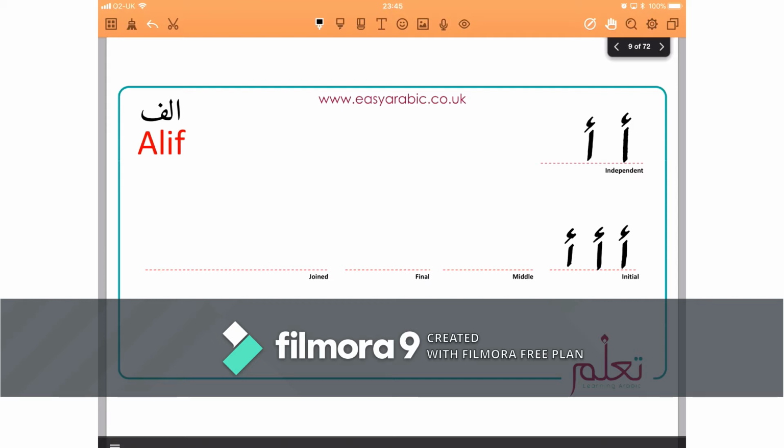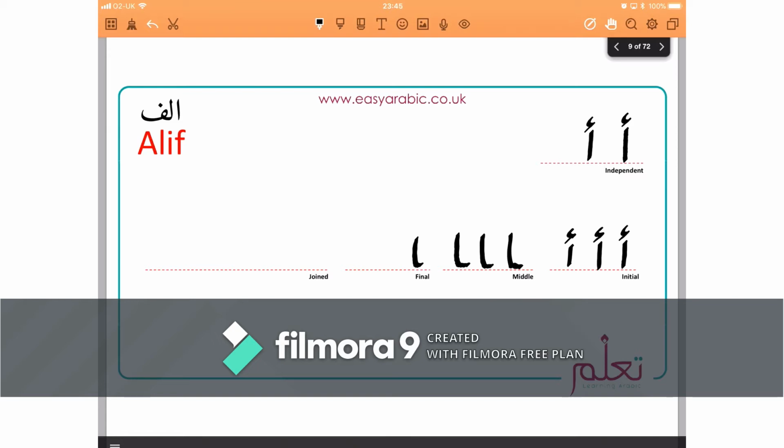When we do it in the middle, something joins onto it. So a line, and then the alif. If I do this again, alif, and again, alif. And actually the final looks exactly the same. So we have alif. The only time the alif at the end would look different is if there was a naughty letter before it.